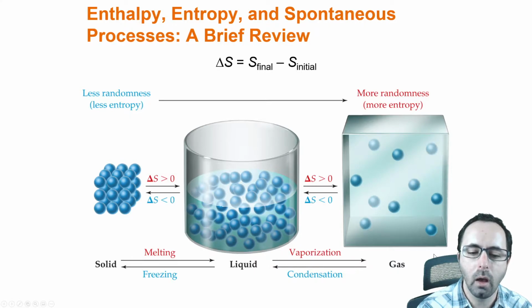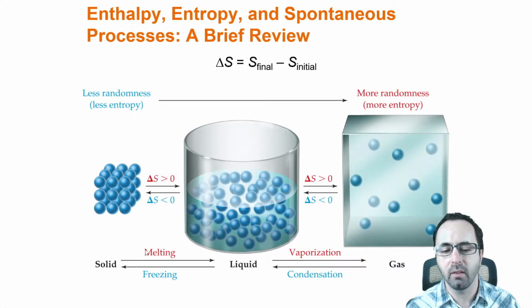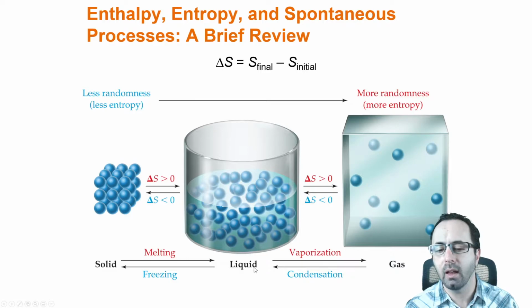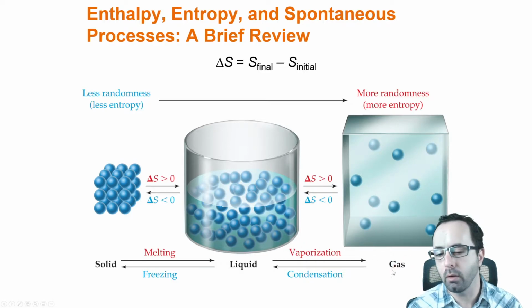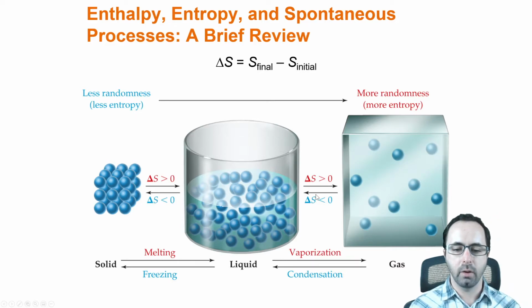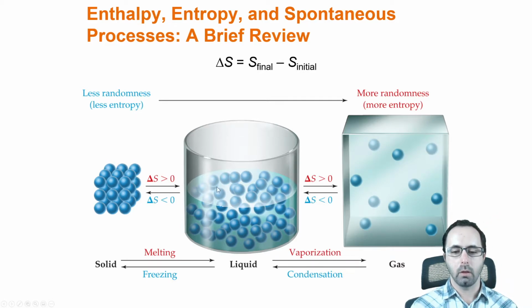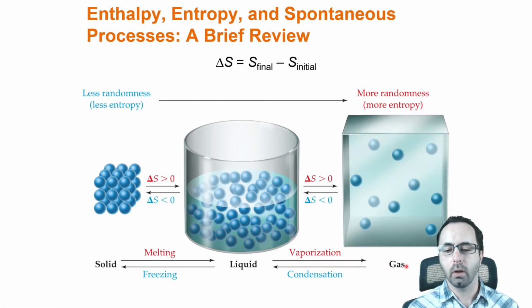And so melting a substance results in an increase in entropy, and then vaporizing a liquid to a gas is another increase in entropy. In fact, it's a much greater increase in entropy. These gas molecules have a much greater freedom than do the liquid molecules here. And then the opposite way, condensing from a gas to a liquid involves a loss of entropy.